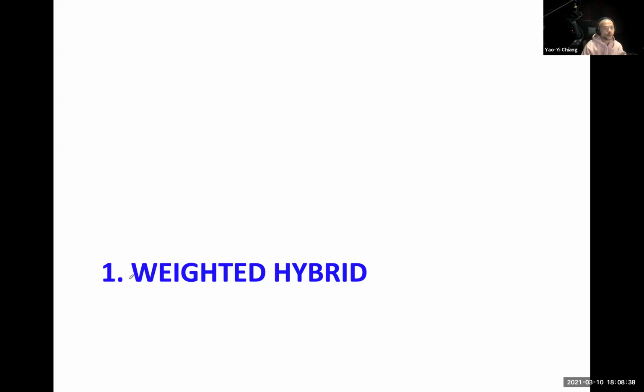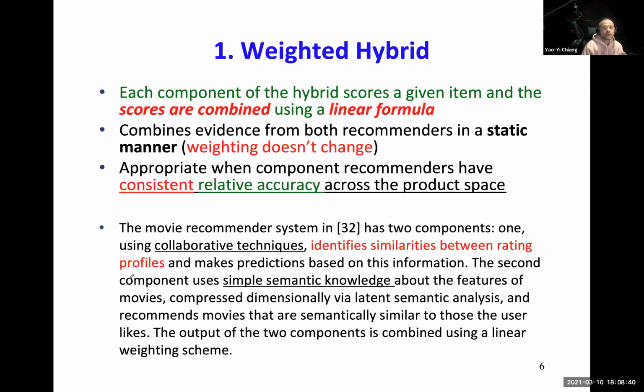So the first one is called weighted hybrid. This one is very simple. In a weighted hybrid, you're going to have multiple recommendation systems or recommendation components. And each of the components will generate a score for a given item. Then the overall system will combine the multiple scores using some linear functions.